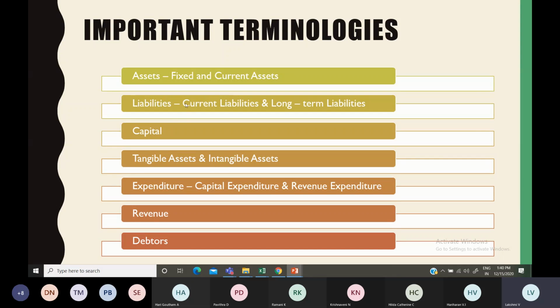Next we are moving on to liabilities. So what is meant by liability? Generally assets and liabilities come under the balance sheet. Liability means the loan or the debt which has to be paid by that company to outsiders.